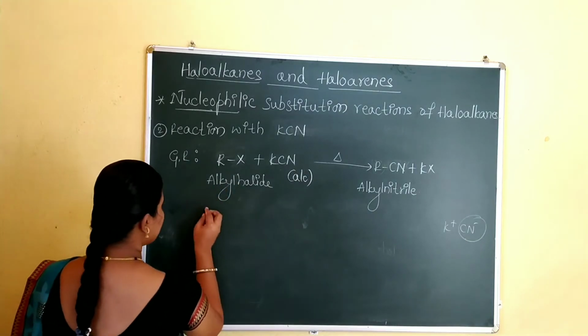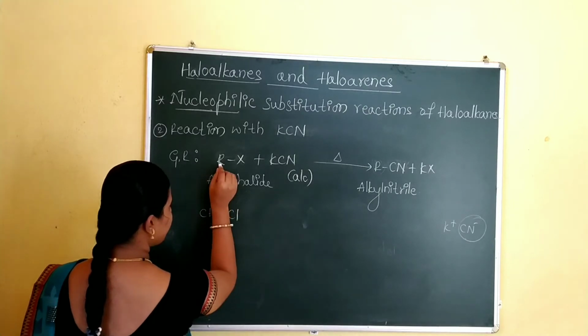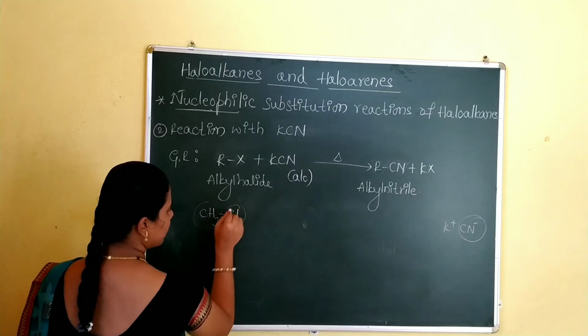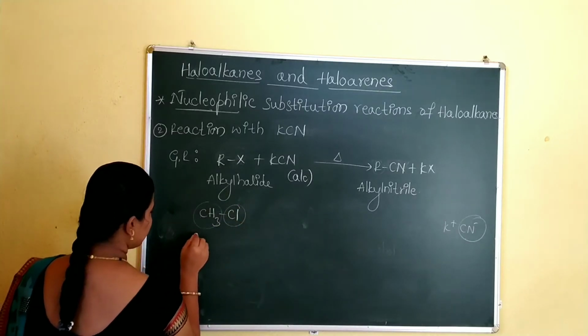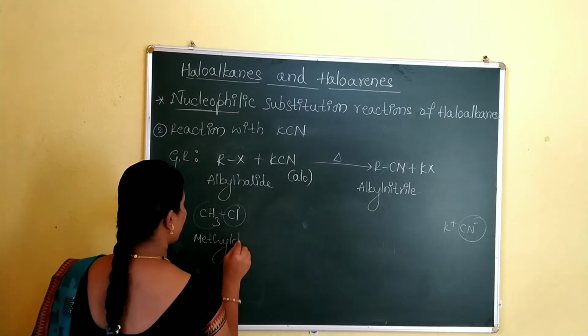I will write one example here. CH3Cl. Alkyl group is methyl, halogen atom is chlorine. Therefore, it is an alkyl halide, methyl chloride.